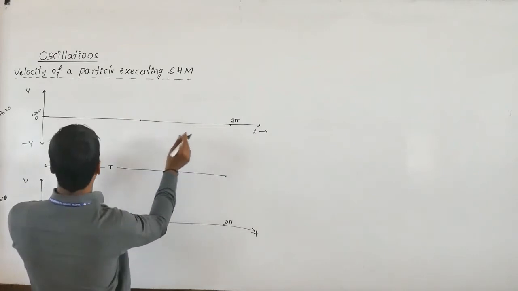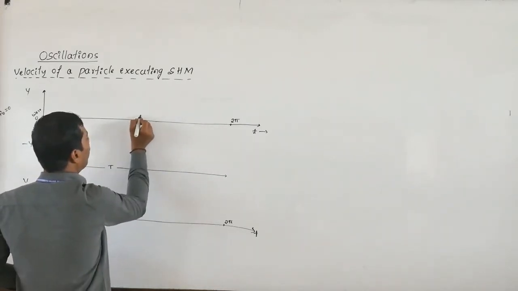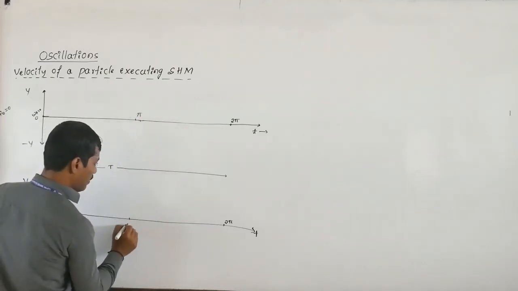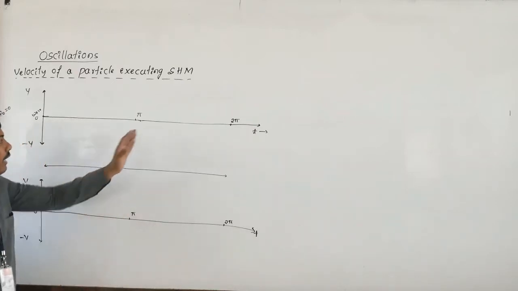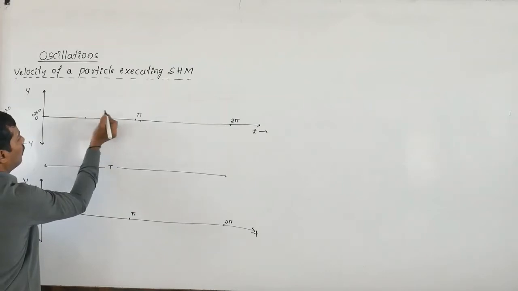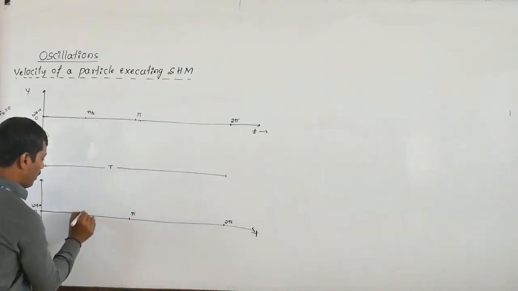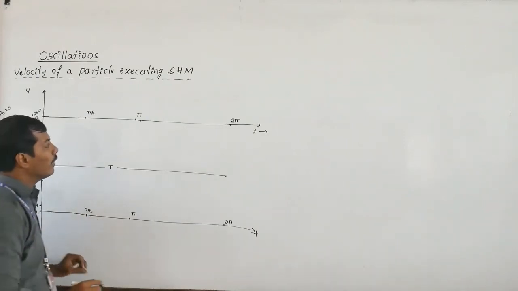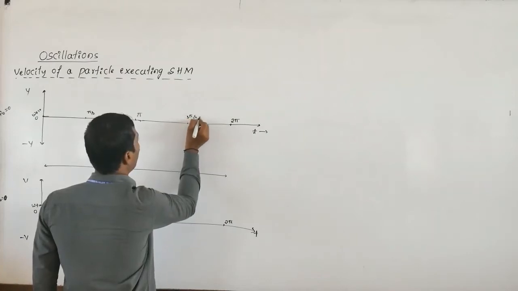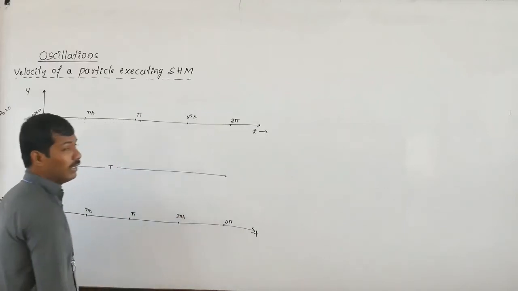Its angle becomes what? Pi. Here also its angle is pi. Half of that is pi by 2. Here it is pi by 2. And here it is 3 pi by 2, and here also 3 pi by 2.